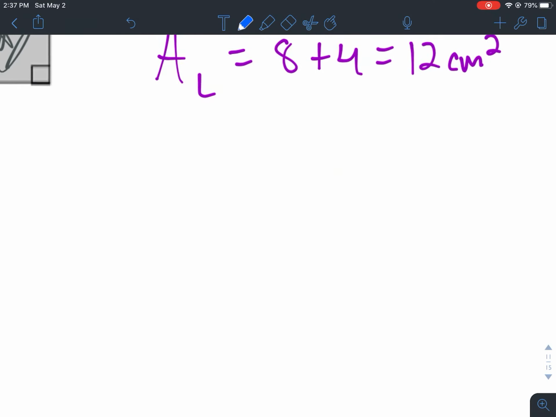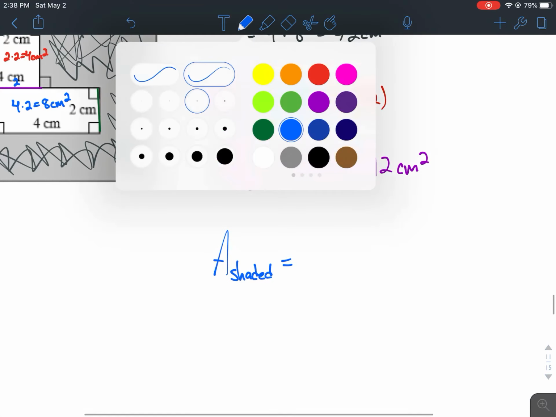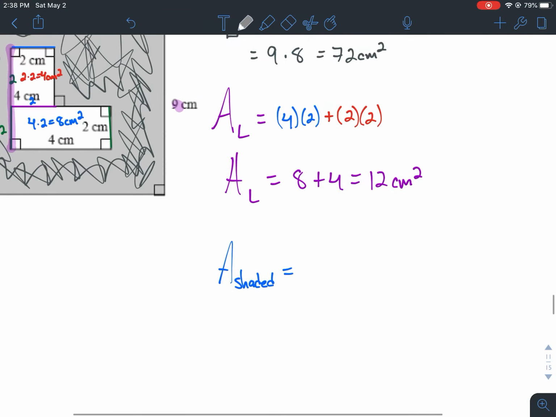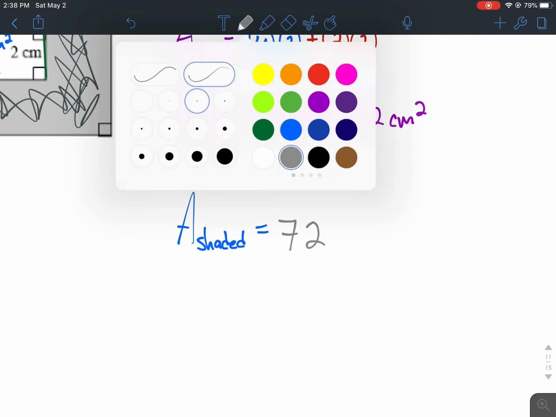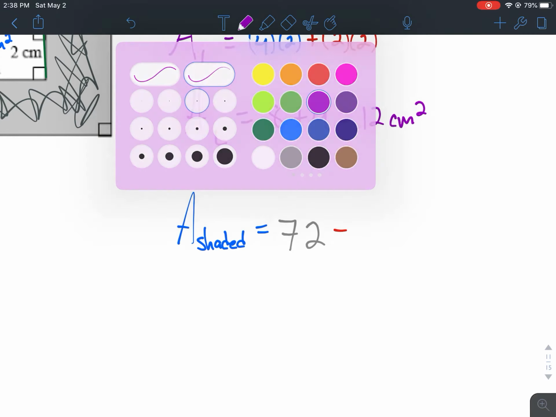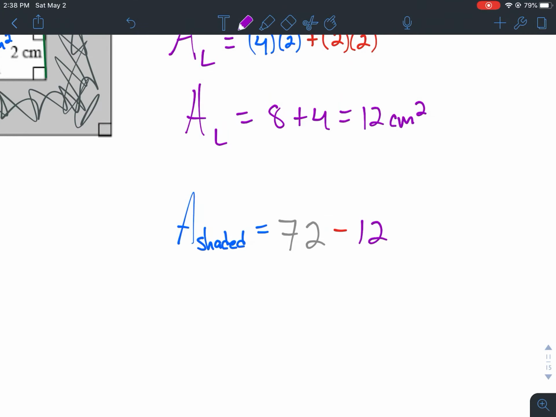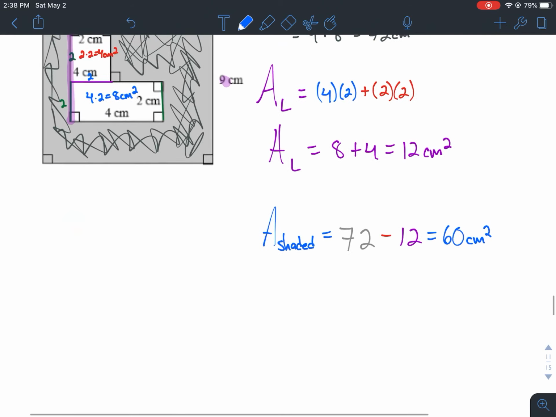So if you want to find the area of the shaded region, then it's going to be the area of the bigger rectangle, which is 72, minus 12, because that was the area of the L, which ends up being 60 centimeters squared.